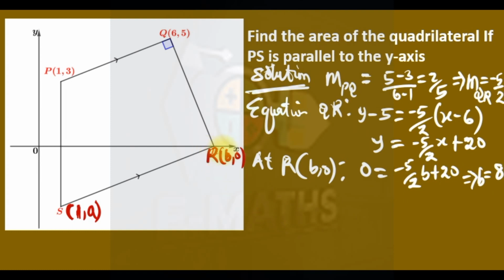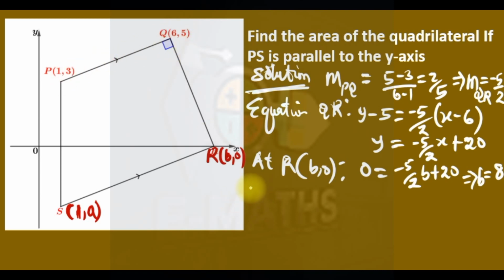So with that, we know the value of b. Coming to this, to get the value of a, we also need the equation of this line. We need an equation for us to get an unknown. So get the equation of this line. Since we know a complete point, we've gotten the value of b, which is now 8, 0, we can get the equation because the slope is the same as this.